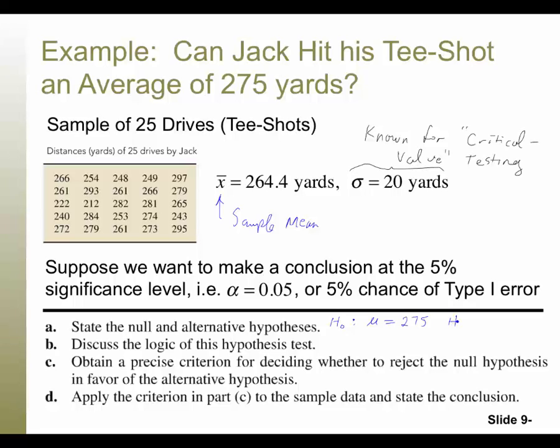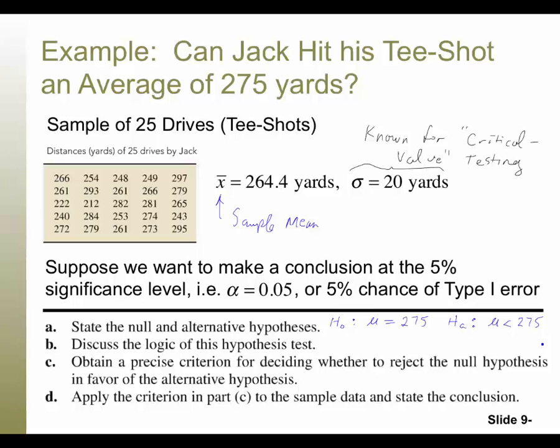And what is the alternative hypothesis? Whitney. The mean is less than 275. Right. Okay. So his sample mean was less than that. Can we just reject right away? No, just because of one sample.